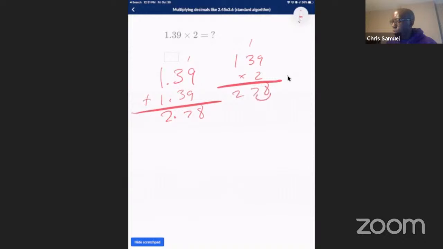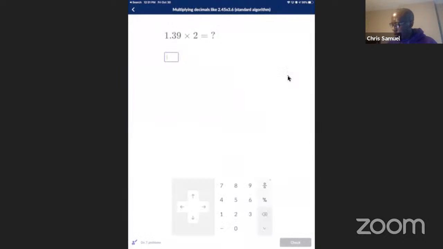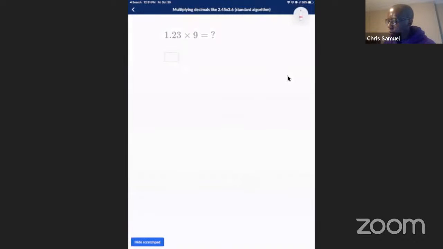And then we go back 2 decimal points. So let's put that there. We can do the same thing for this one. 23 times 9, and that's 27. 18 is 20, and then that's 11, and 2 decimal points, 11.7.